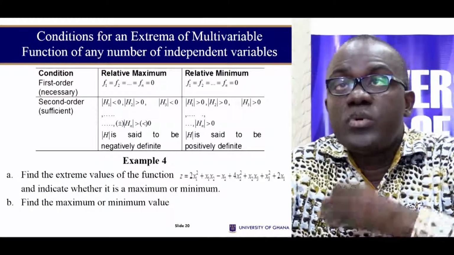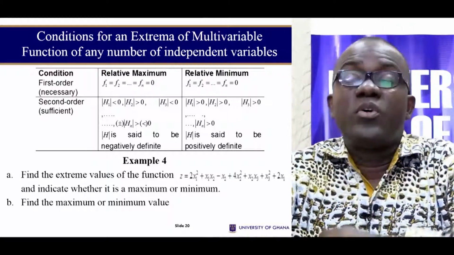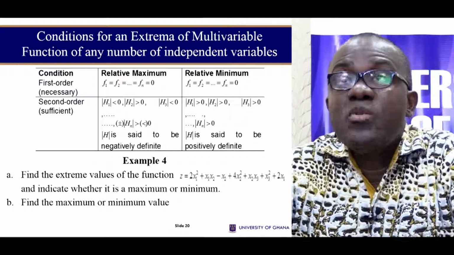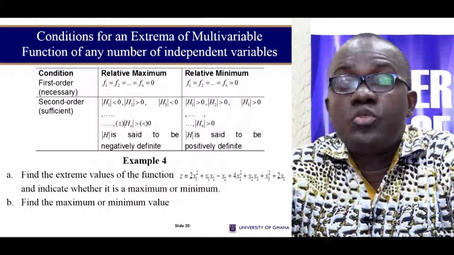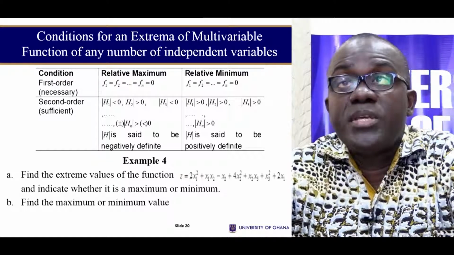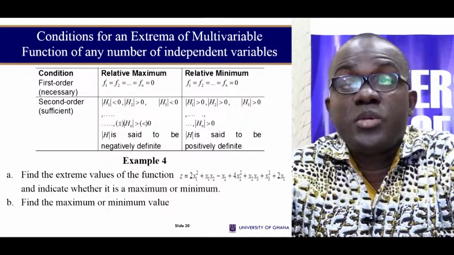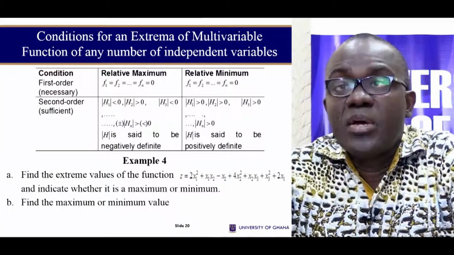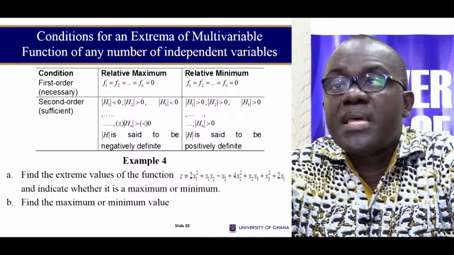What I'm trying to do is define the conditions for a maximum or a minimum when you have a function with more than two variables. So these are the conditions. The first order condition remains unchanged. The only thing is that the equality to 0 should be with respect to all the variables. And then we have this situation for the second order condition, and the situation over here for the second order condition.